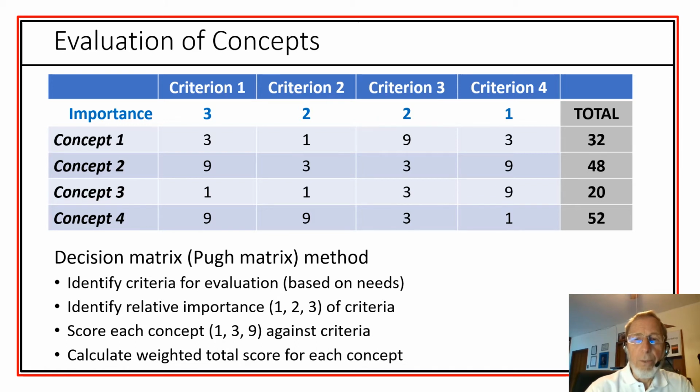For the third criterion, it met it very well, so it had 9 points multiplied by 2, which is the importance, which gives you 18 more points, and so on. Add all these up and you get a total score of 32, a weighted score. So for each of these concepts, you'll have a total, and you'll be able to compare these to see which score the best.